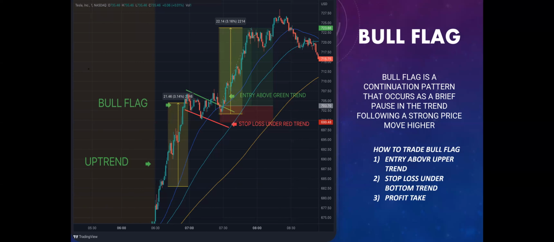So the bull flag is a continuation pattern that occurs as a brief pause in the trend following a strong price move. I really like trading the bull flag and bear flag. Again, for the patterns that we're going to study today, you need to use them in the right market. The bull flag is a bullish pattern, so you want to use it in a bullish market.